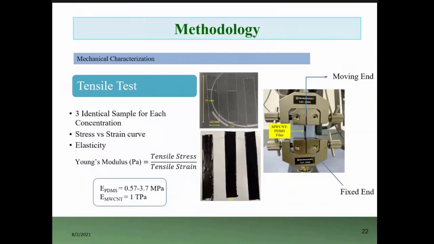Otherwise, it will not get bent, and there will be no change in the resistance. Three identical samples for each concentration were chosen to perform this test, and the stress versus strain curve was generated to check the elasticity. And finally, using the Young's modulus, the elasticity of the film was concluded.